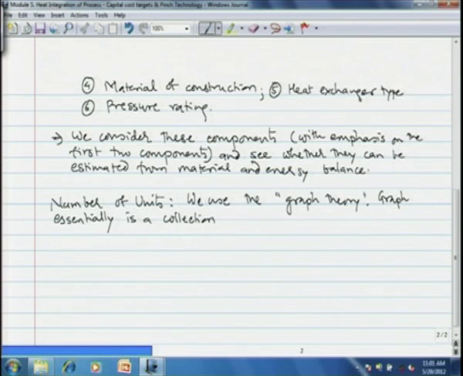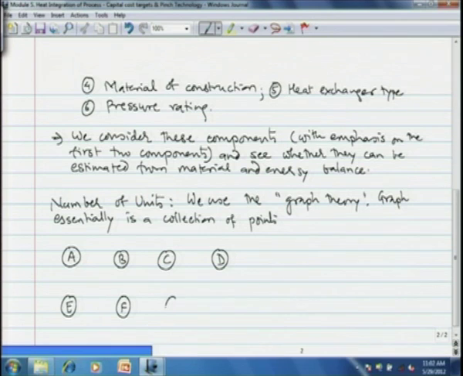Now, I am showing you two types of graphs, okay, each of which has 8 points, A, B, C, D, E, F, G, H, and these points are connected by lines. Okay.